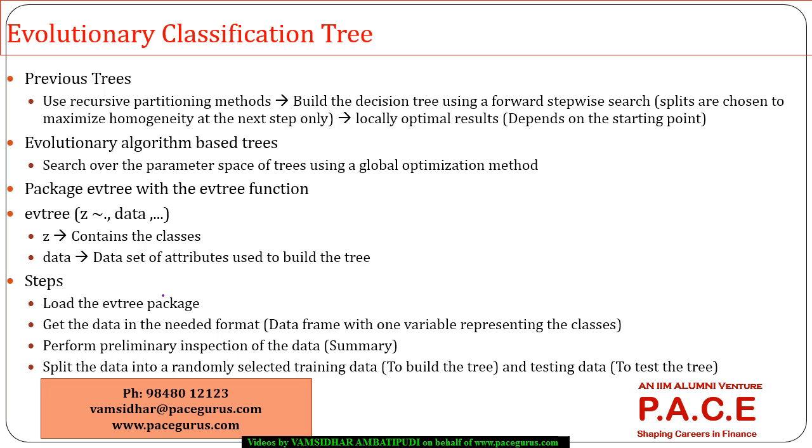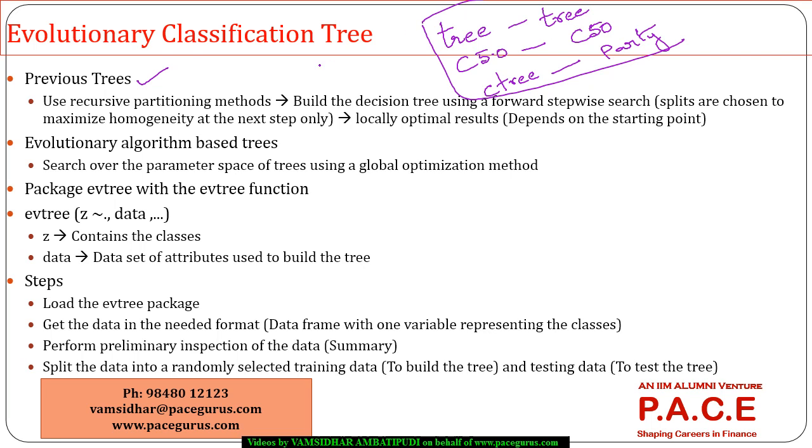Something different regarding the evolutionary classification tree is, if you look at the three previous trees that we have considered, whether it is the tree algorithm from the tree package, C5.0 algorithm from the C50 package, or the ctree algorithm, conditional inference classification tree from the party package, they are splitting the tree based on the recursive partitioning method.